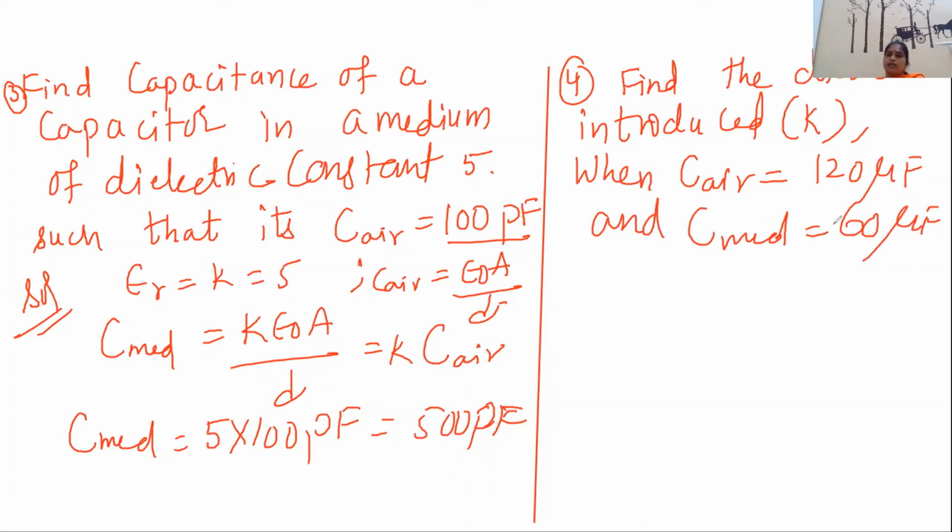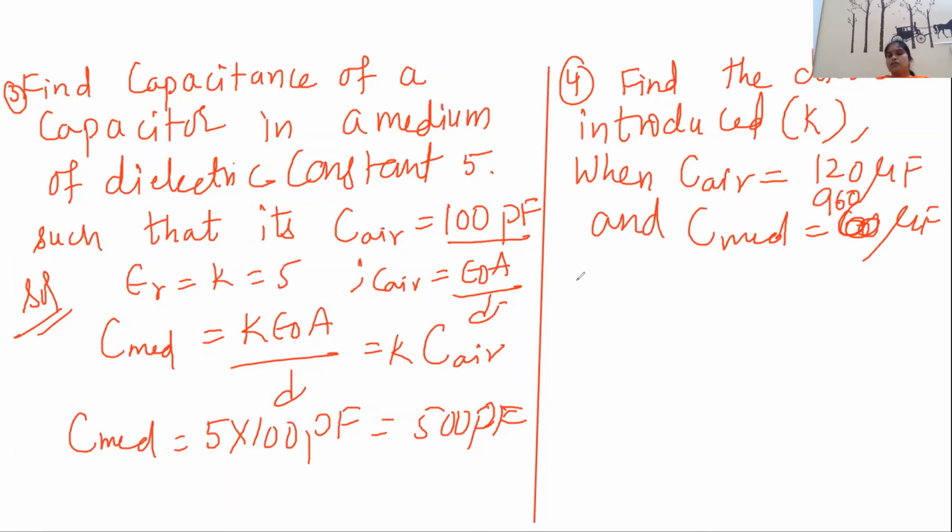It should be more only, not less, so it should be more than 120. So C in medium we'll put as 960.